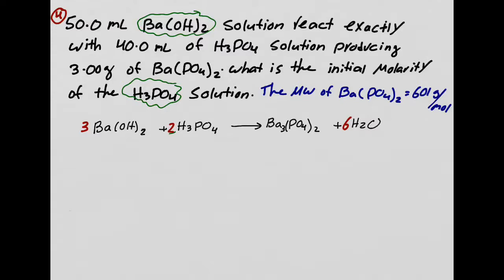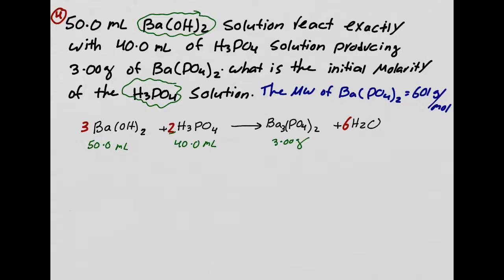So you have 50.0 ml of barium hydroxide that reacts exactly with 40 ml of phosphoric acid, and 3.00 grams of barium phosphate is formed.